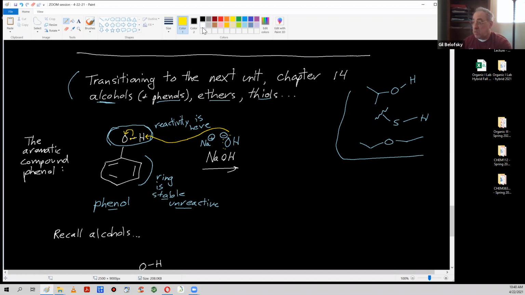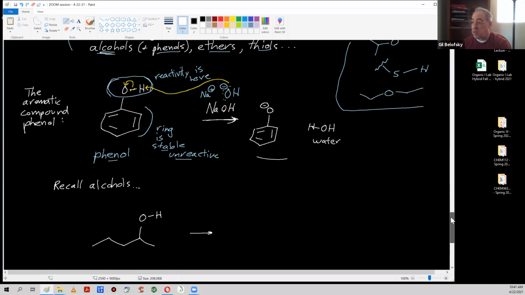And so the result of those bonds forming and breaking will be, for any alcohol or phenol under these conditions, the oxygen of the phenol gaining electrons but losing a hydrogen, and the hydroxide ion picking up a hydrogen, and so it basically becomes water and it's no longer charged. So this is the nature of the reactivity of alcohols and phenols when you mix it with a base like this. This is a lot of the kinds of things we're going to look at in chapter 14.